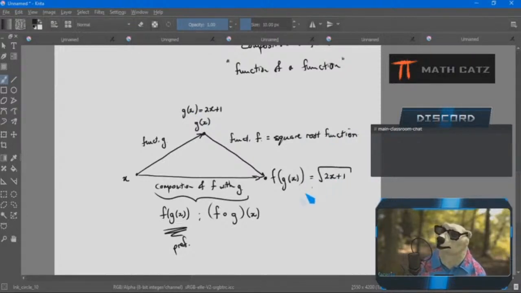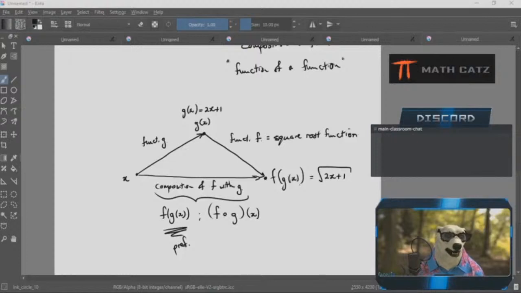In that way, I can nest functions inside of other functions and create composition of functions, or we just say functions of a function. We don't have to call them compositions. It's just a function of a function. Functions nested inside other functions.